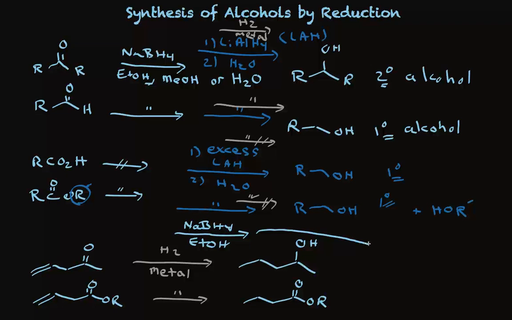And the product you'll produce is the alkene alcohol. So you can make the saturated alcohol with a hydrogenation. You can make the unsaturated alcohol with a borohydride reducing agent.